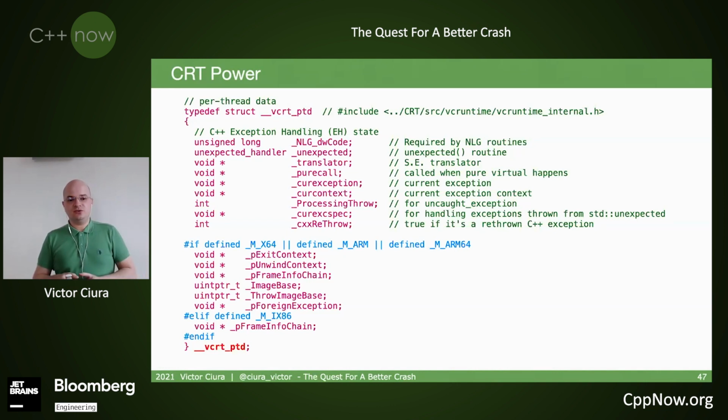So lots of very useful information, like frame information and unwind information and image information for this module and everything. It's a very useful structure that you might need for other purposes, not necessarily for exceptions.